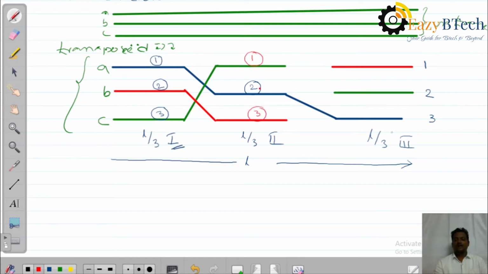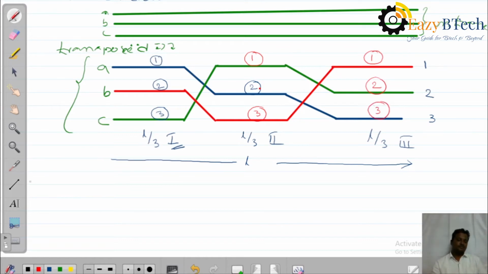Next, the third interval: B at position 1, C at position 2, A at position 3.